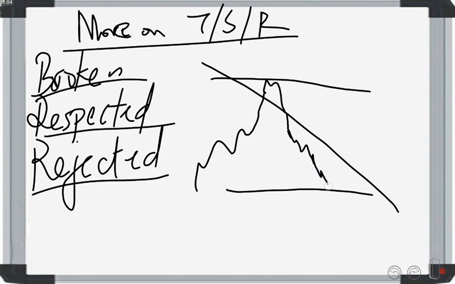Or it could get rejected at one of them, at support for instance, bounce back to the trend line and get rejected at the trend line too and continue back to support and finally continue until it breaks through one of these or both of them at the same time and then goes back up.